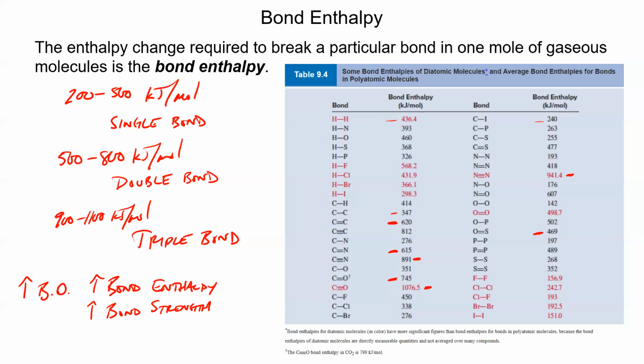Now let's think just a second about bond length. Which do you think is going to be a shorter bond? A single bond that shares 2 electrons, or a triple bond that shares 6 electrons? Triple.